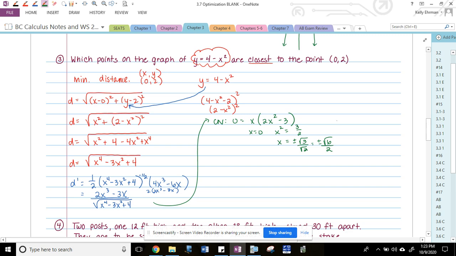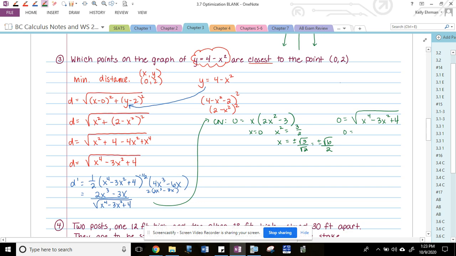And okay, then we still need to set our denominator equal to 0. Square root of x to the 4th minus 3x squared plus 4. Now you can square both sides, so that's gone. We can factor x squared minus, oh no, wait, can we factor? No. I almost factored it into minus 4 and plus 1, but you have to multiply to positive 4 here. So I have a feeling that this is never going to be negative. How would I know for sure?